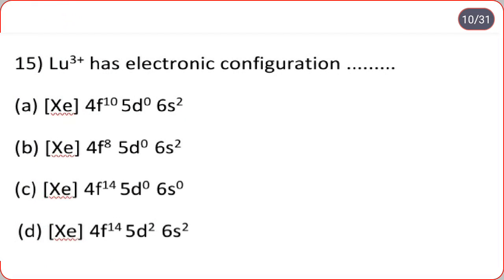Lutetium 3 plus has electronic configuration: lutetium is the last element of the lanthanide series, so it has electronic configuration xenon core, 4f14, 5d0, 6s0.